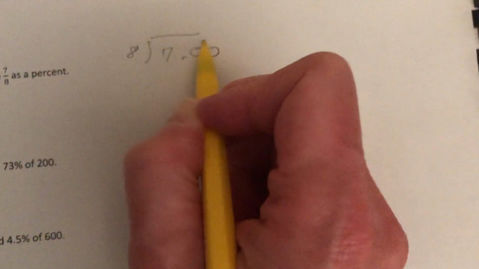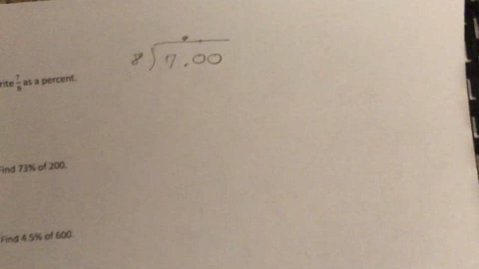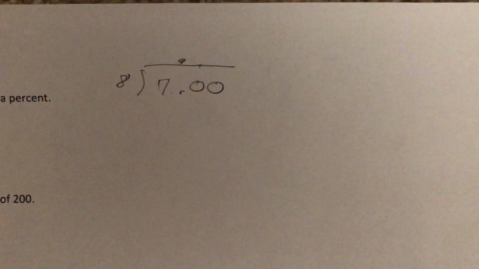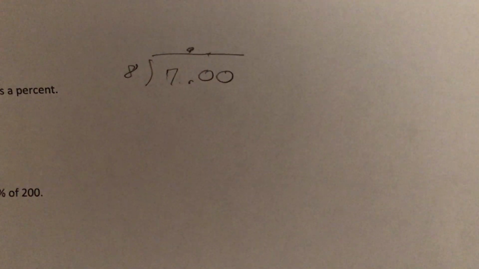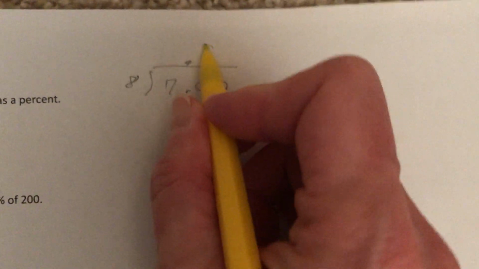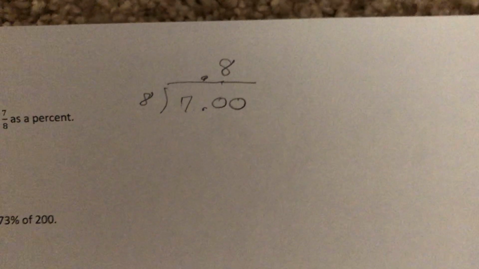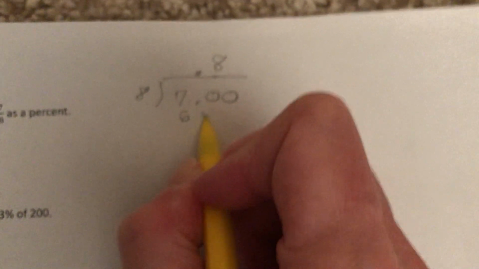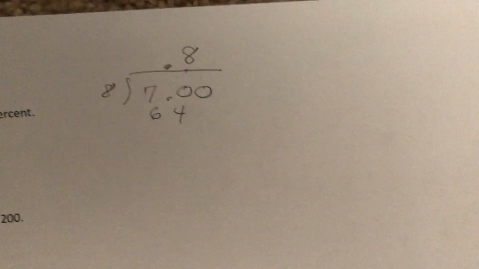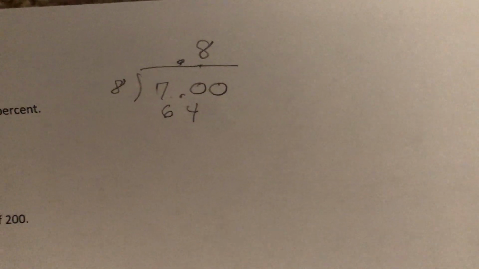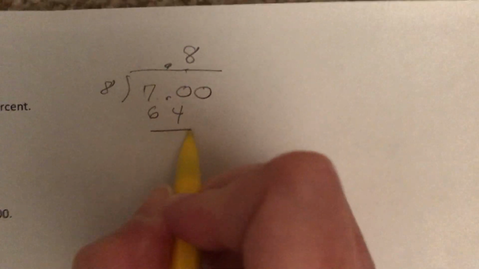I'm going to put some zeros. You might not know how many you need right away. And then 8 goes into 70 8 times. So 8 times 8 is 64. And then subtract, 70 minus 64 is 6.